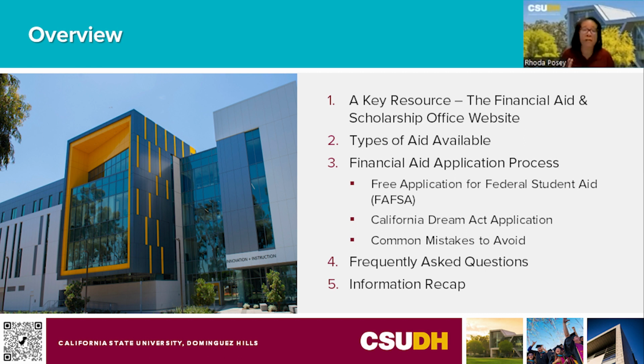And number 3, talking about the financial aid process: coming back into it, what you need to do with those applications, and some common mistakes to avoid. We're going to go through the frequently asked questions. We actually had some great questions that came through to Sabrina, so we've built that in so that it could benefit the whole group. And then we're just going to recap a couple of things.